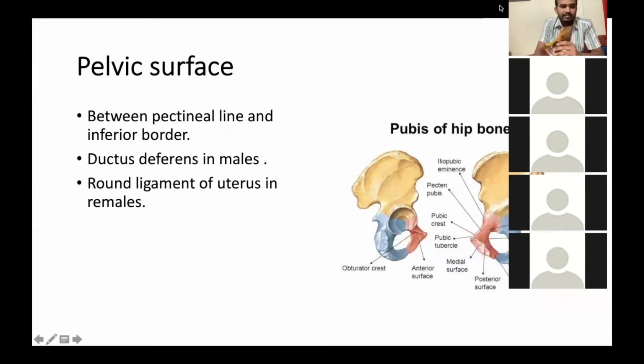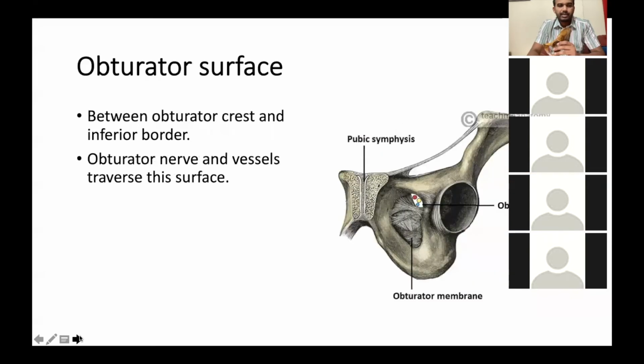Sorry, it was written 'remale', it is female. Is it clear, everybody? So ductus deferens in males and round ligament of uterus in females. That's all about the pelvic surface.